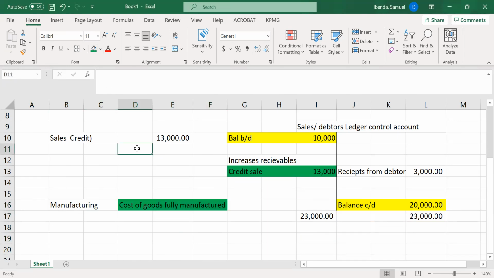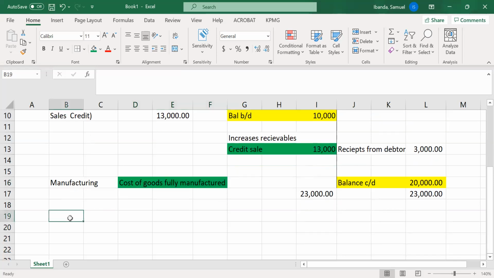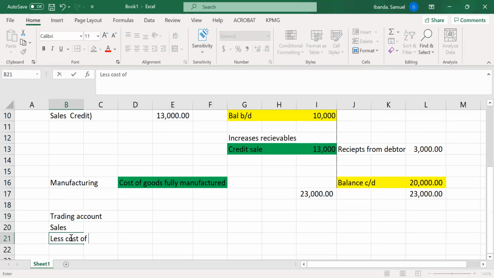Now, this cost of goods fully manufactured replaces your purchases, because when you go to your trading account, you start with your sales and less your cost of sales.